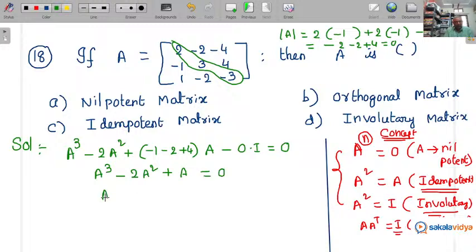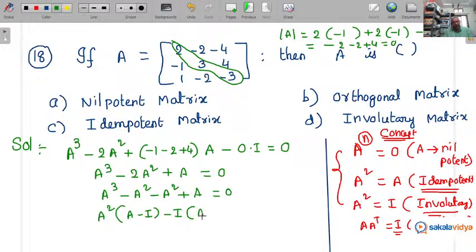So we can write A cube minus A square minus A square plus A equals 0. Let us take A square common. If you take A square common, what do you get? A minus I, because in matrix algebra instead of 1 we need to write I. So take minus I common.